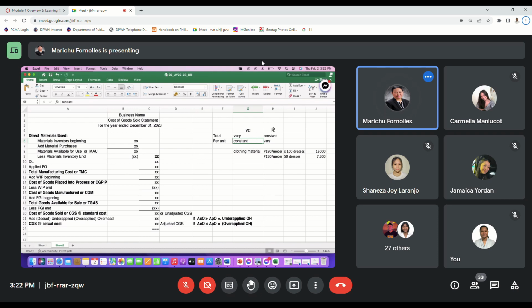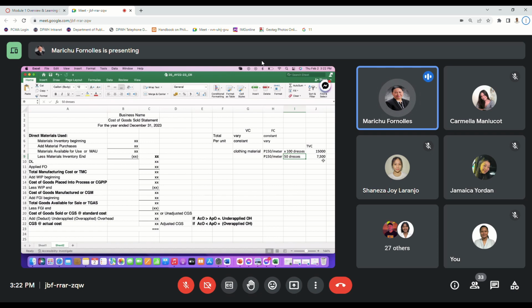Okay. But in terms of the total variable cost, the TVC changes as the quantity changes. So if the quantity goes up, TVC goes up. If the quantity goes down, TVC also goes down.